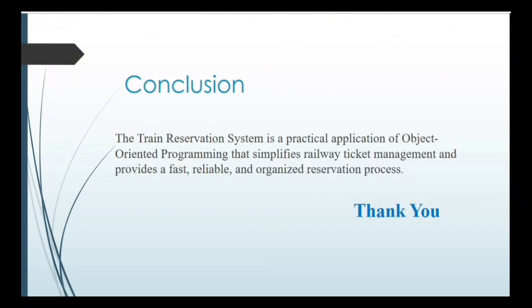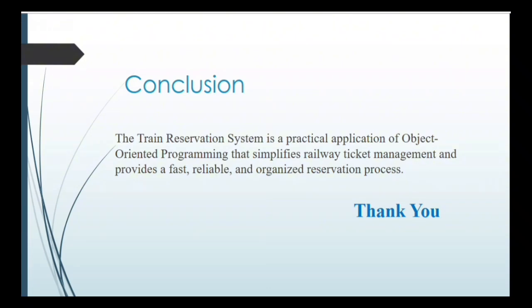Now I would like to conclude my presentation. In conclusion, the train reservation system is a practical and useful application of object-oriented programming. This system simplifies the reservation process by making it faster, more accurate, and more organized compared to traditional manual methods. Through this project, we can clearly see the importance of concepts like classes, objects, functions, and data management in Python programming.